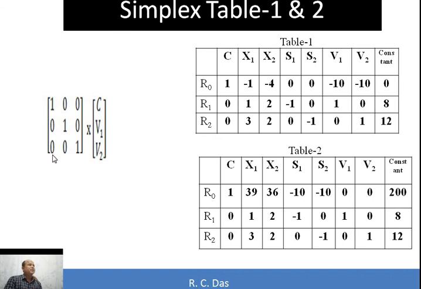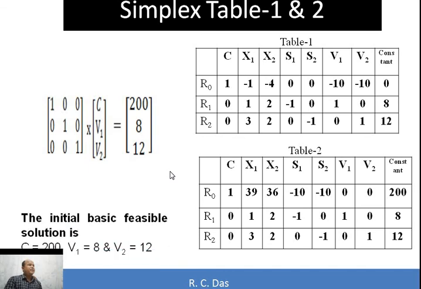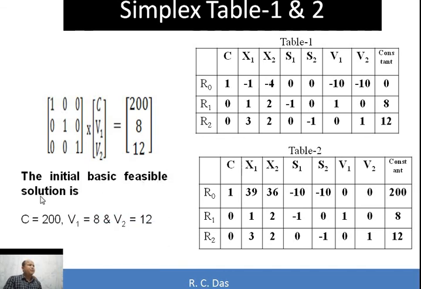This is the column of C, second is the column of V1, third is the column of V2, equal to the constant matrix 200, 8, 12. So the initial basic feasible solution is C equal to 200, V1 is 8, V2 is 12.